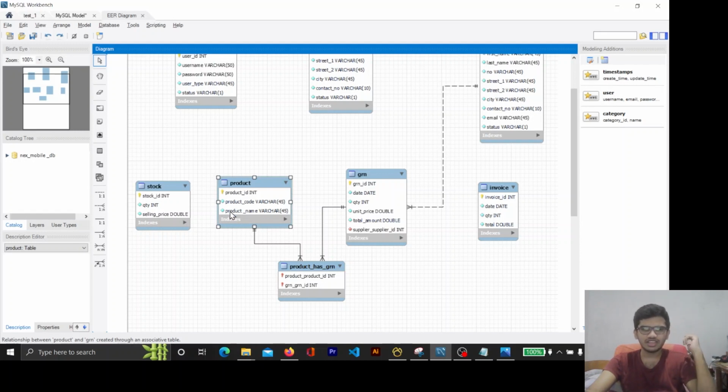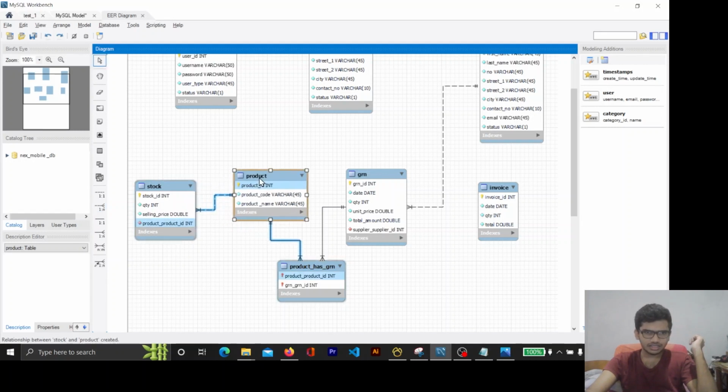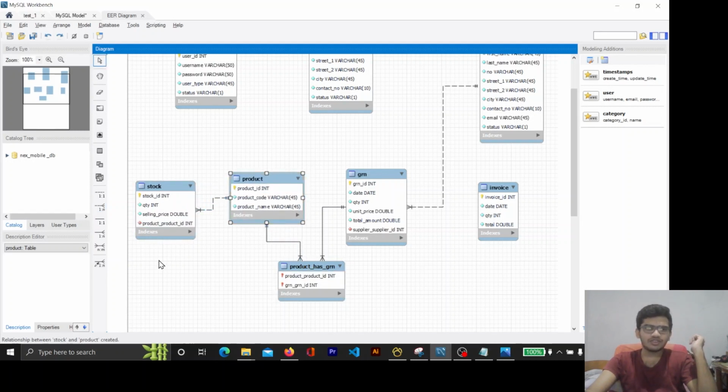Suppose Samsung Galaxy phones and Apple iPhones have the same stock, that's a big no. So the multiplying side is the product, and the non-multiplying side is the stock. You have to first select the non-multiplying side and then select the multiplying side.